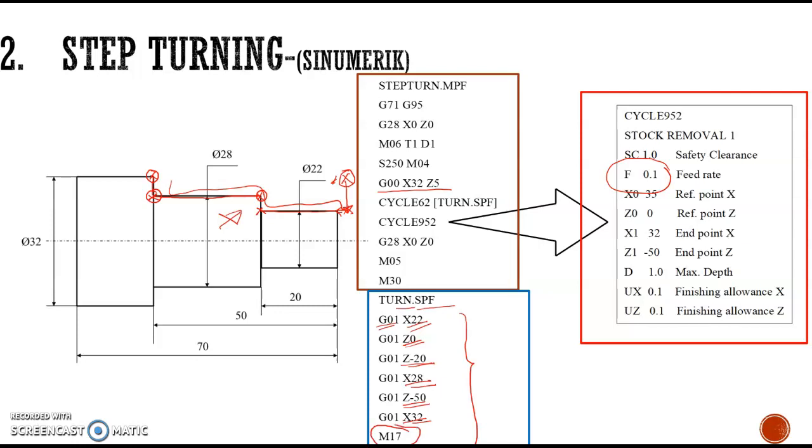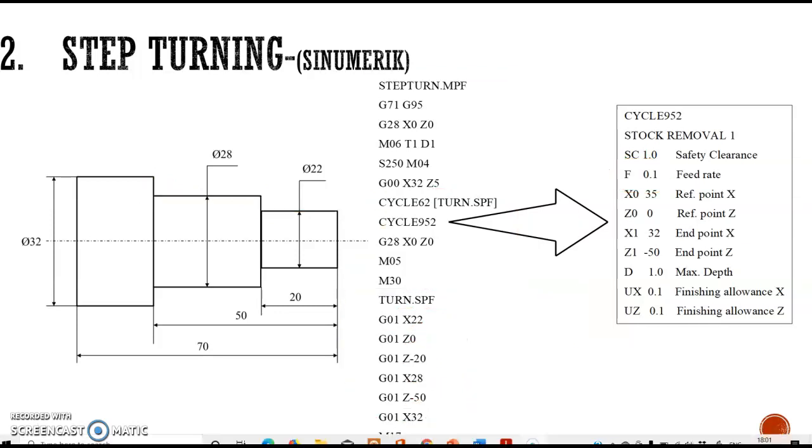So this is the M code used to show the end of the subprogram. Whenever the end of the subprogram is given, it will go back to the main program. Finally, this will be the entire program for this step turning operation. Whenever this subprogram is called, it will be directed to the subprogram, and the next block is for the metal removal cycle.